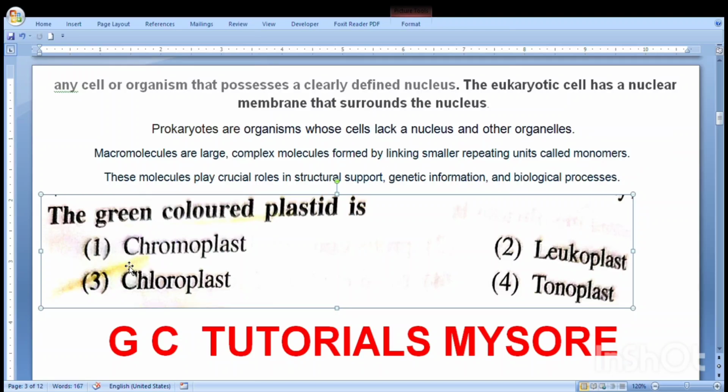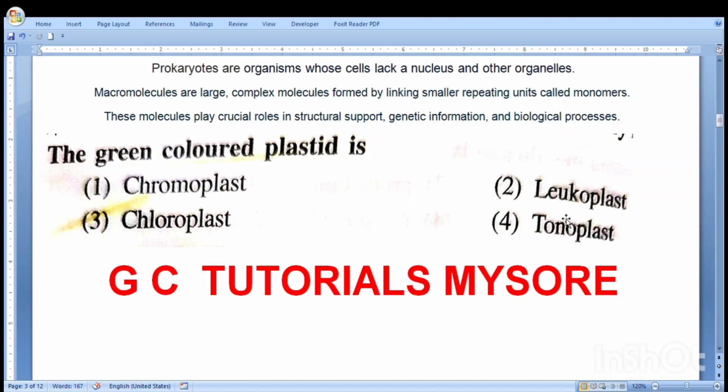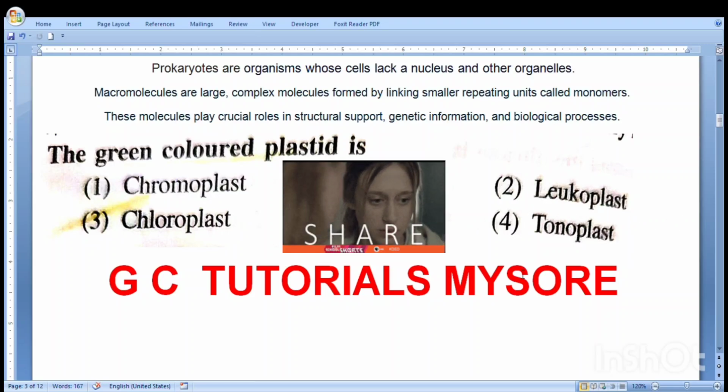Next, come to the other plastid, that is leucoplast. Leucoplast is a colorless plastid. It is primarily involved in the synthesis and storage of starch, oils and proteins.